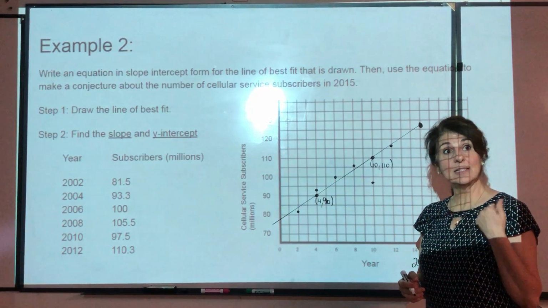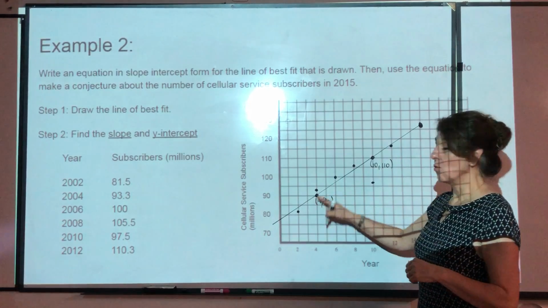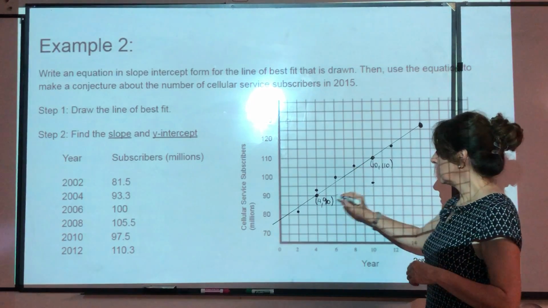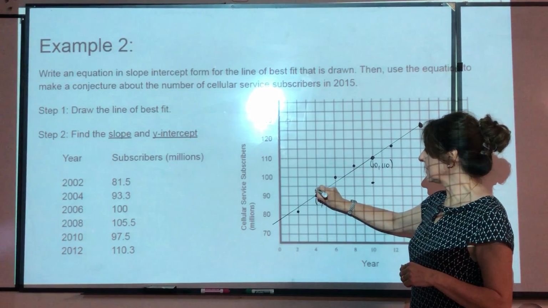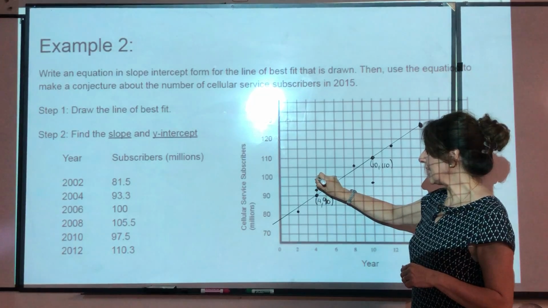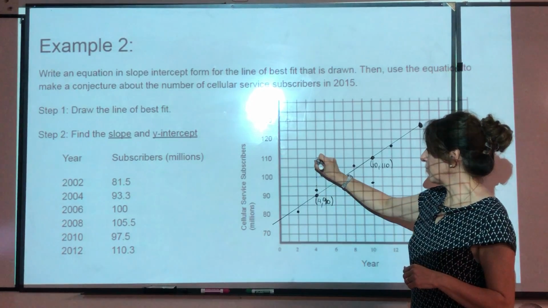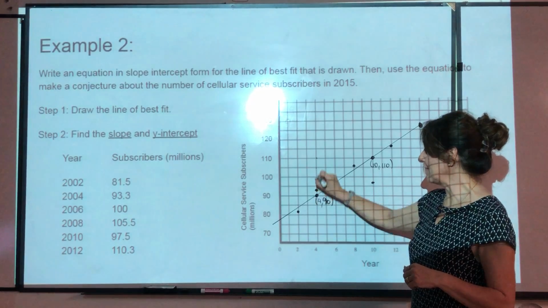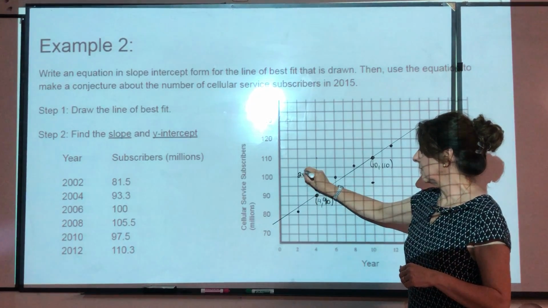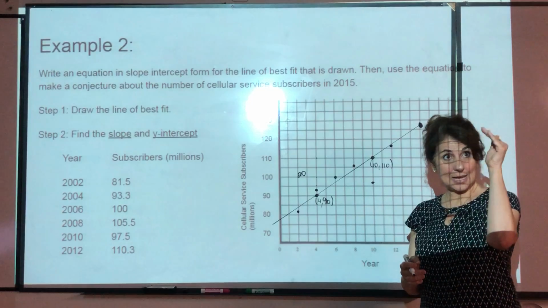How do I find the slope? I can go rise over run. So if I go rise, see, this is 5, 10,000, 15, 20,000. So from 110,000 to 90,000, so this is 20 that went up.